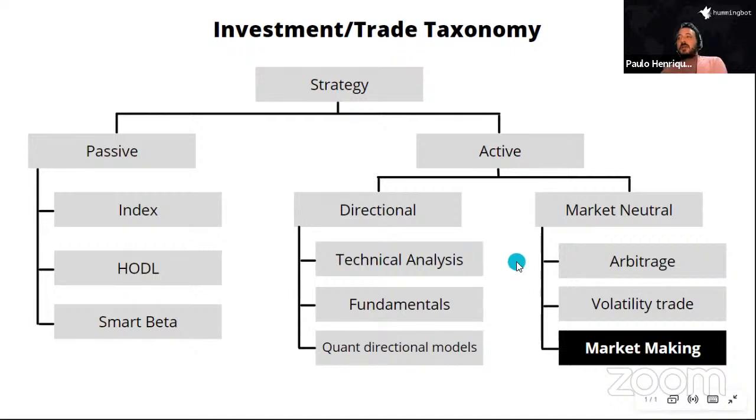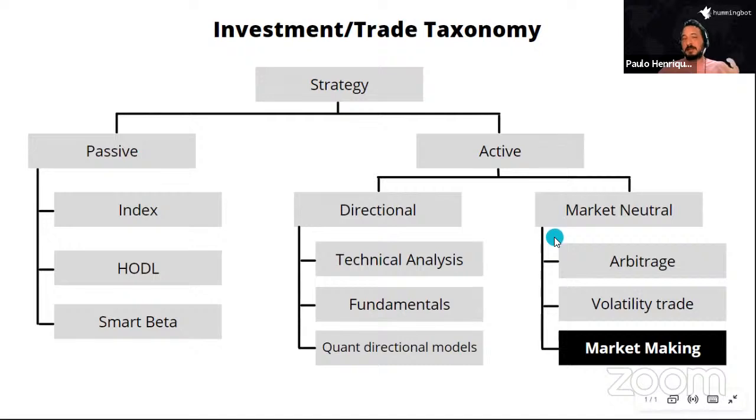And then we go to market neutral. The big difference is that in directional trading, you usually try to find good entry points, be it for buy or sell. But with market neutral strategies, the idea is that you look for profits no matter what the market direction is.